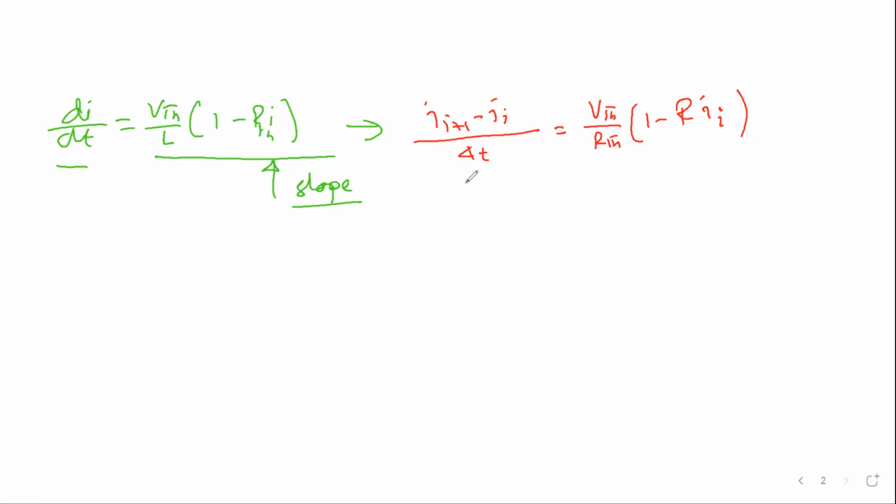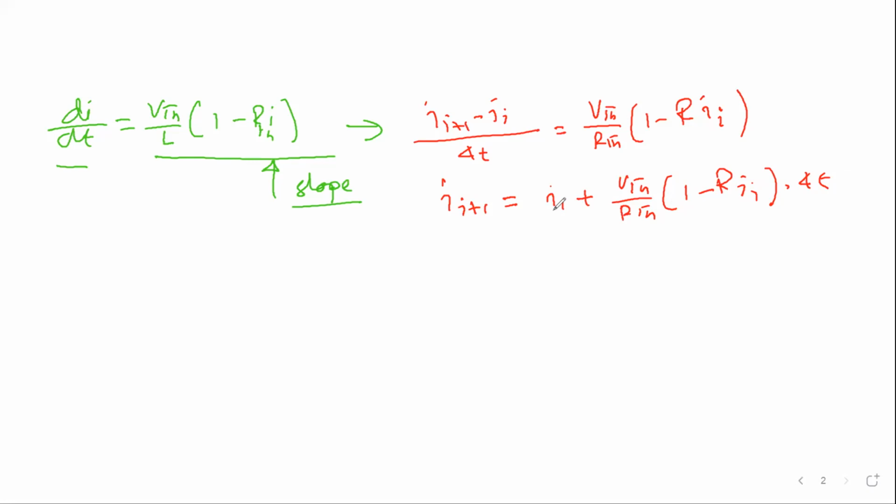If we solve it for i plus 1, then i plus 1 is equal to i plus V_TH divided by R_TH into 1 minus R into i_i multiplied by del t, isn't it? Yes, sir.